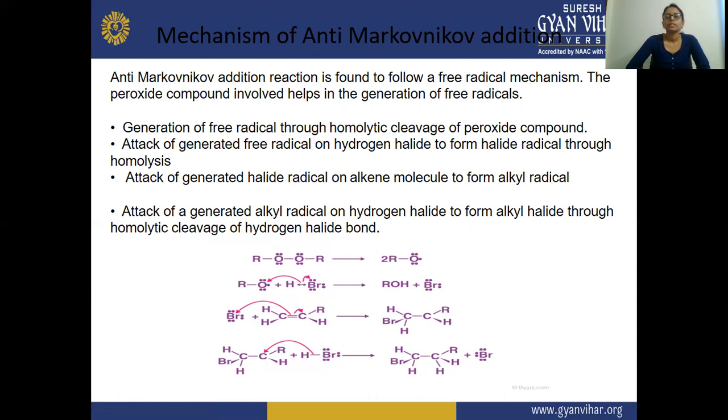The peroxide compound helps in the generation of free radicals through homolytic cleavage of the peroxide. Then the generated free radical attacks hydrogen halide to form a halide radical through homolysis.